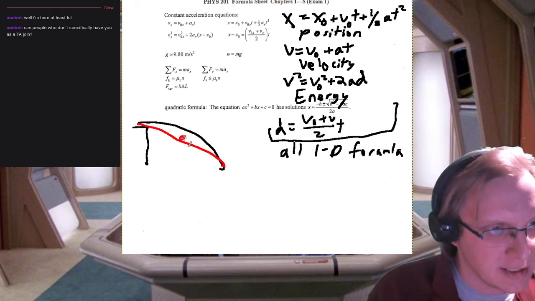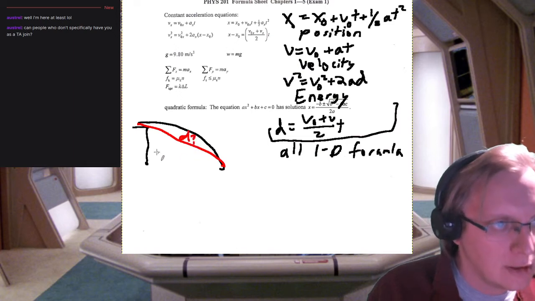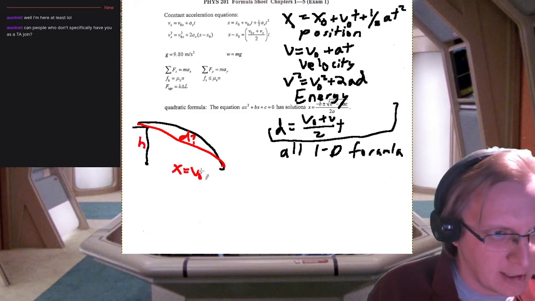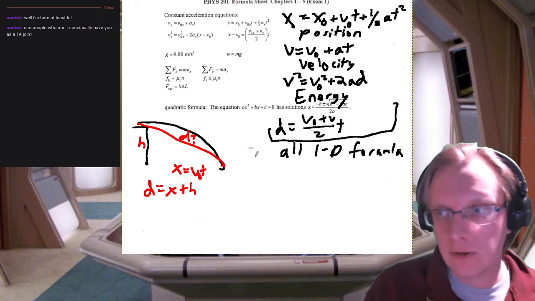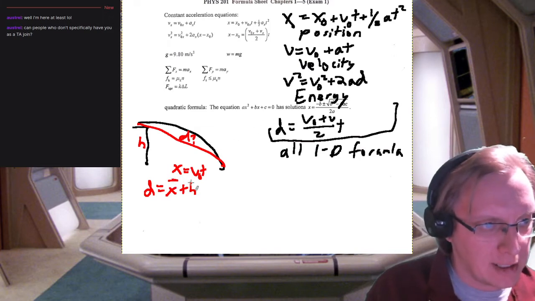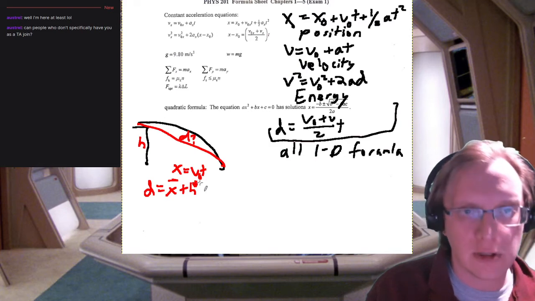What is this distance here? And what a lot of people will end up doing is they'll say, right, I know what the h is, I know how far this x is because it is equal to v naught t, therefore d is equal to x plus h. And it's like, no, that's not how that works. This is going this way, and this is going this way, and those two things don't work that way.